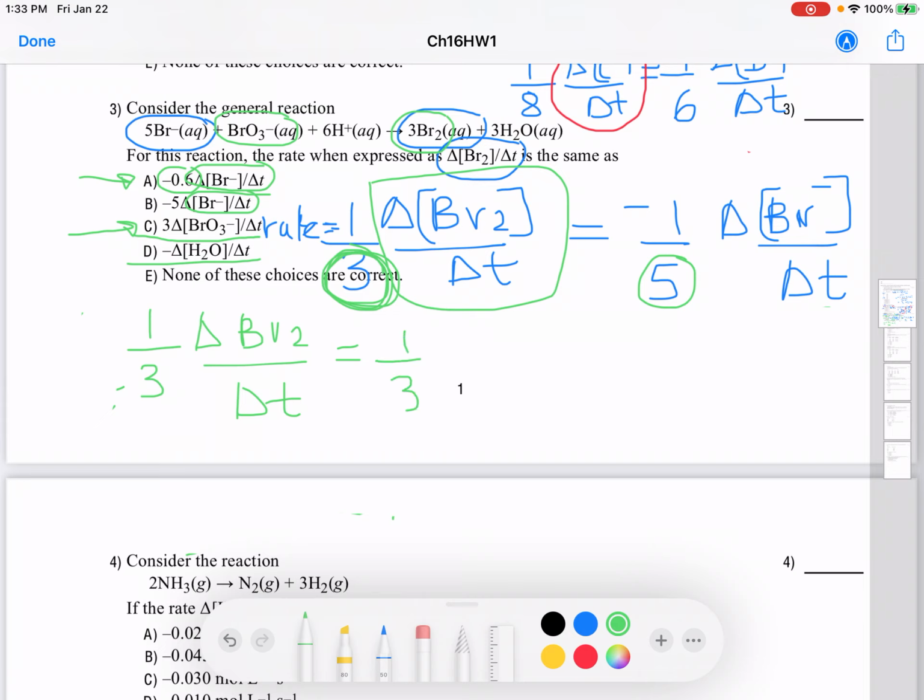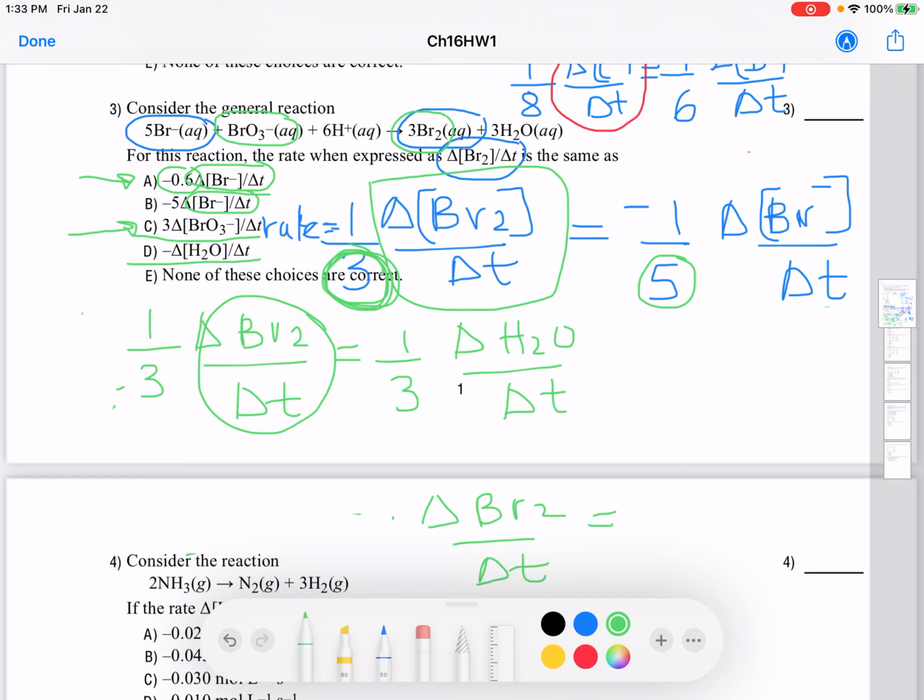So 1 over 3, remember the coefficient goes to the bottom, delta water concentration over delta T. So if you represent it like this, delta bromine over delta T equals, now we need to get rid of this 3, it goes to the other side, 3 over 3 delta water over delta T.